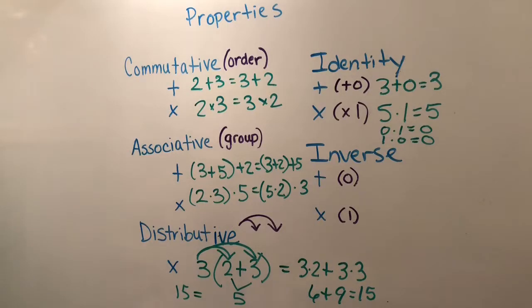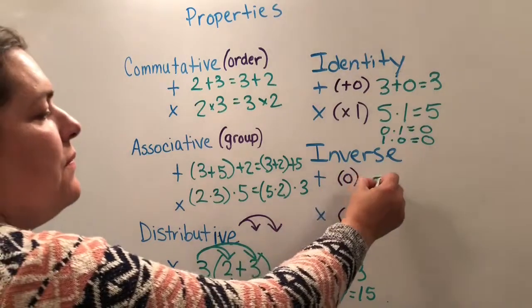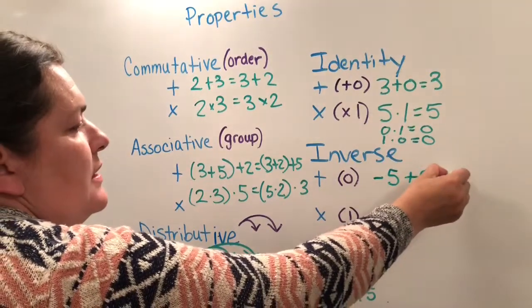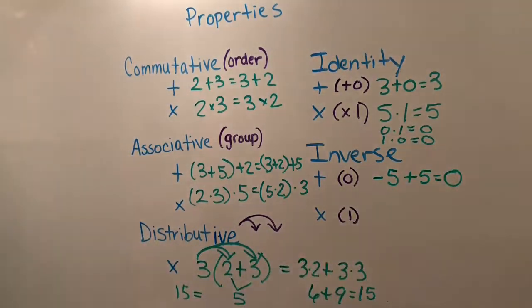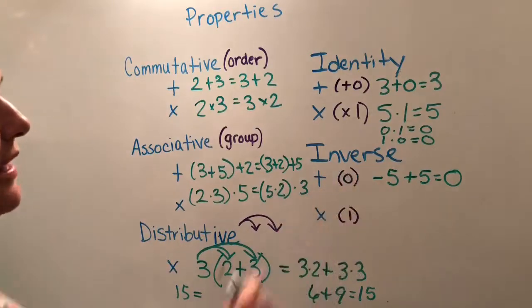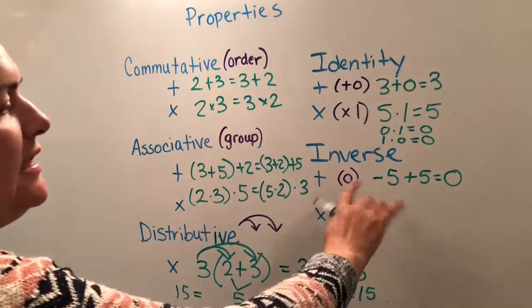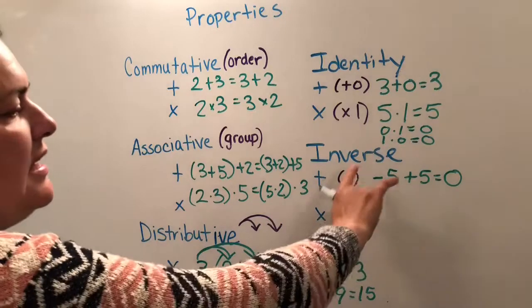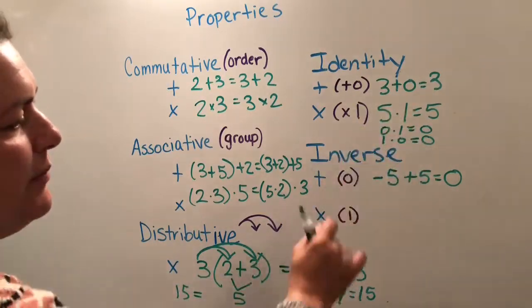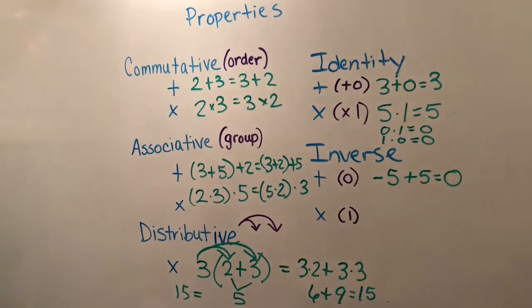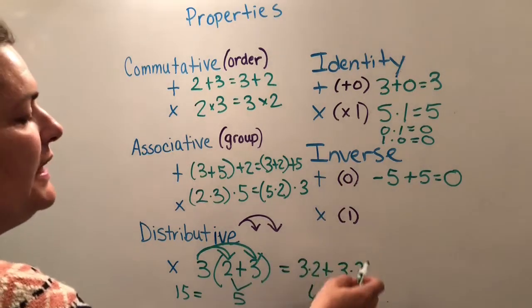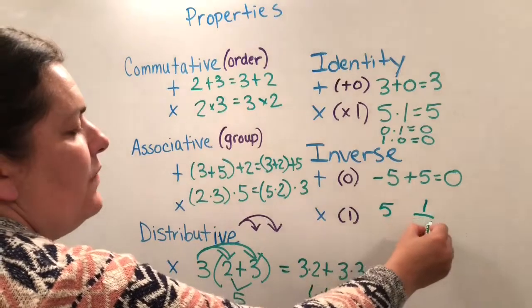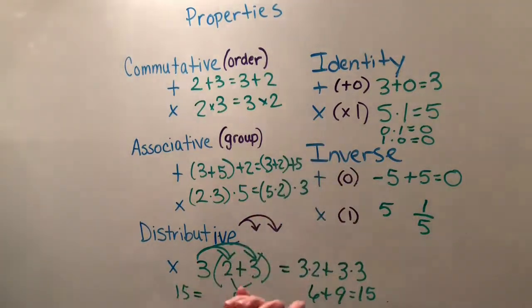For the inverse, any number added with its opposite is going to give you 0. So, inverse, the opposite of. The opposite in addition is the negative and positive. And we know that a negative number plus its positive number is going to give you 0. The inverse for multiplication, 5 is 1 over 5. We flip it for multiplication.